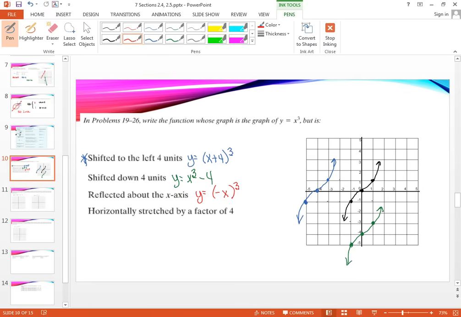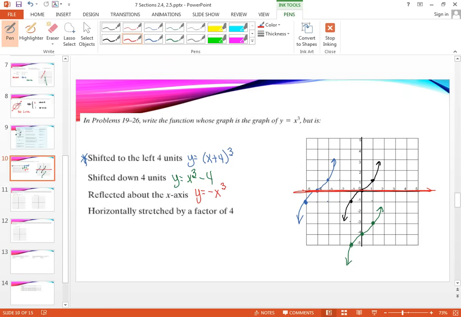Oh my goodness. Erase, erase. If I want to reflect it around the x-axis, it means I'm going to flip it over this line right here. Okay? So that means I'm going to switch the signs on all of my y's, so that means the negative sign has to go out in the front. Sorry about that. Said it exactly backwards from what I was thinking.